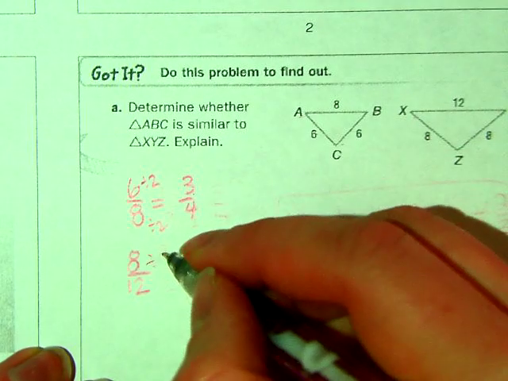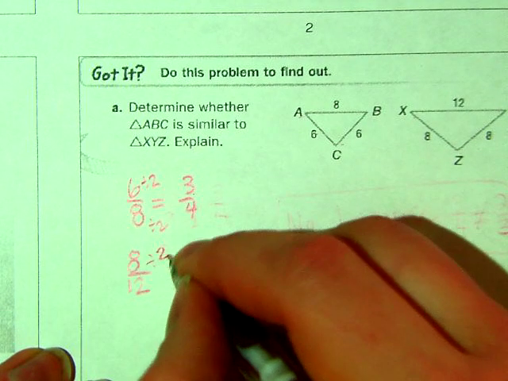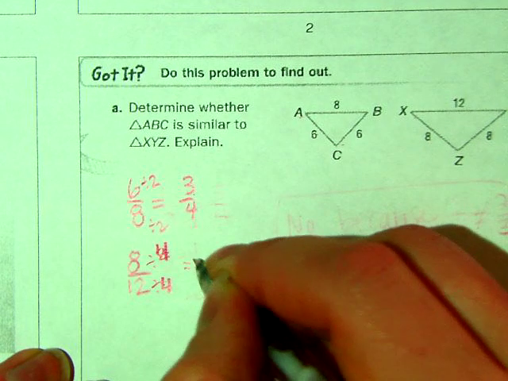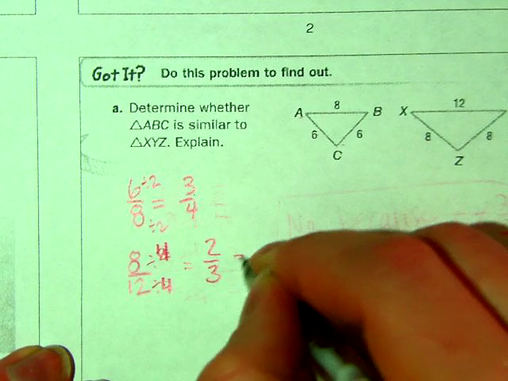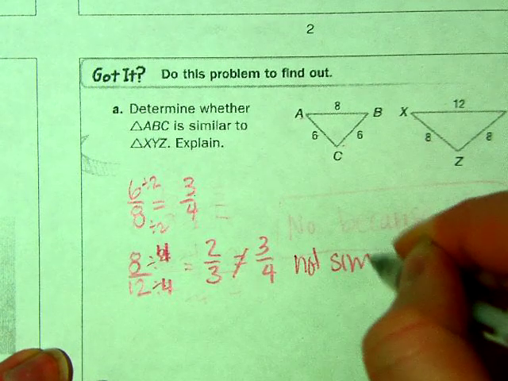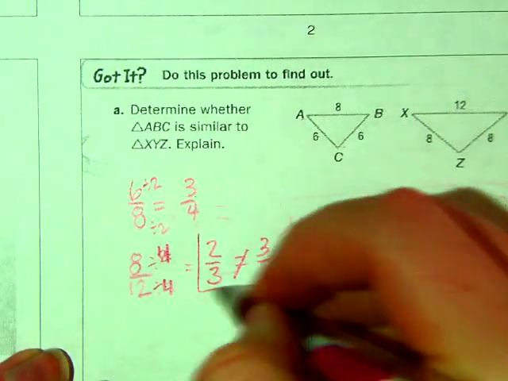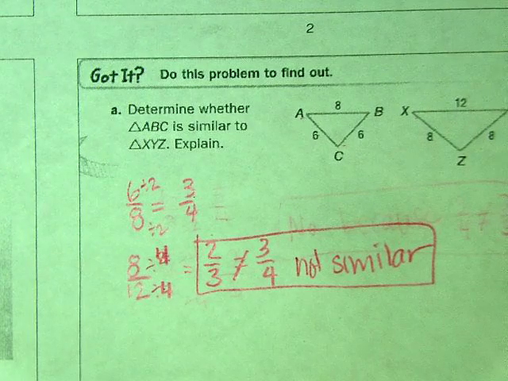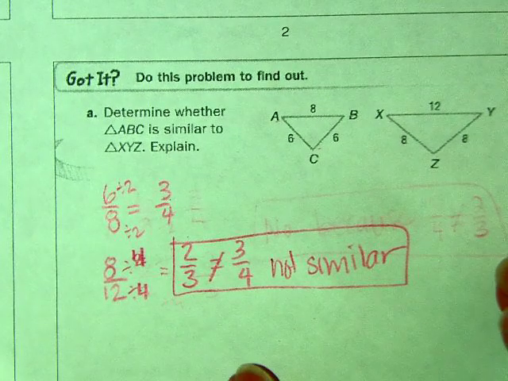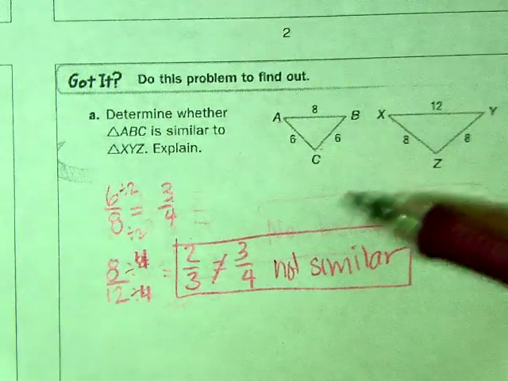So if we simplify 8/12, we would take out a 4, and we would get 2/3. Well, that does not equal 3/4, and therefore these are not similar as well. Now, if we got 2/3 equals 2/3, we could check the third side, but we've already checked it because it's a 6 and an 8. We would say that triangle ABC is similar to triangle XYZ.